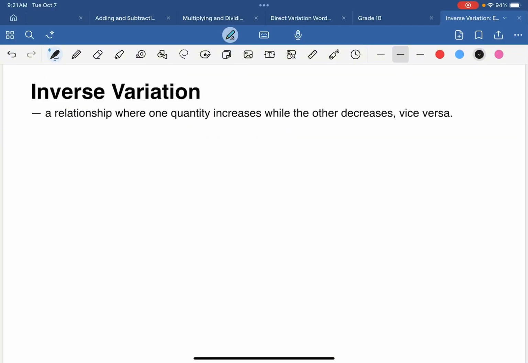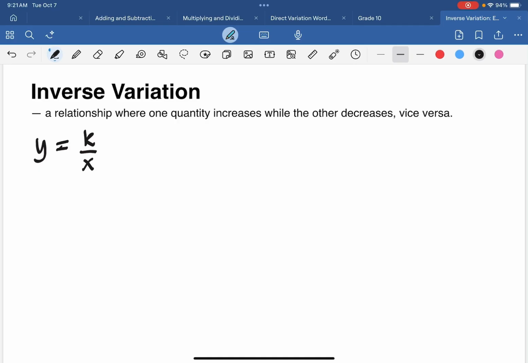To define inverse variation, it is a relationship where one quantity increases while the other decreases and vice versa. And the equation form of this is y equals k over x.